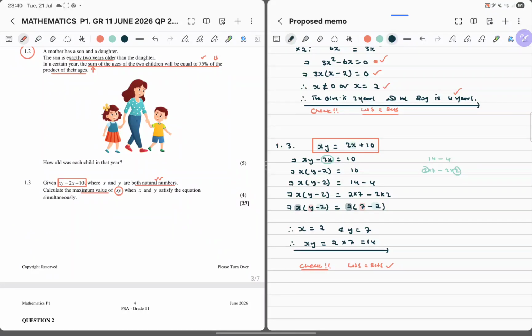Even if we got this one wrong, the question said these two satisfy the equation simultaneously, meaning at the same time. We may be wrong, but I think we are correct because this checks out just right. So again, a bit of trial and error can assist to get the business going.